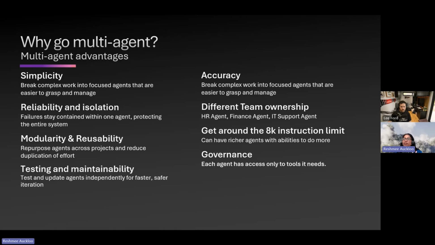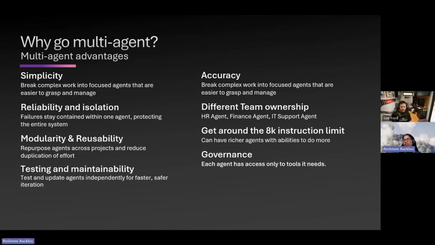And the other one is, if you build an agent in Copilot Studio, you have the 8,000 instruction limit. But to be honest, from my own experience, if you have instructions that are too big, even if they don't exceed 8K, I can't get it to reason over all the long instructions.